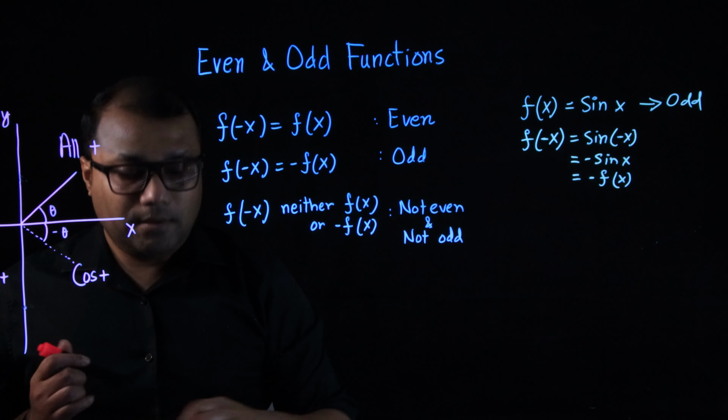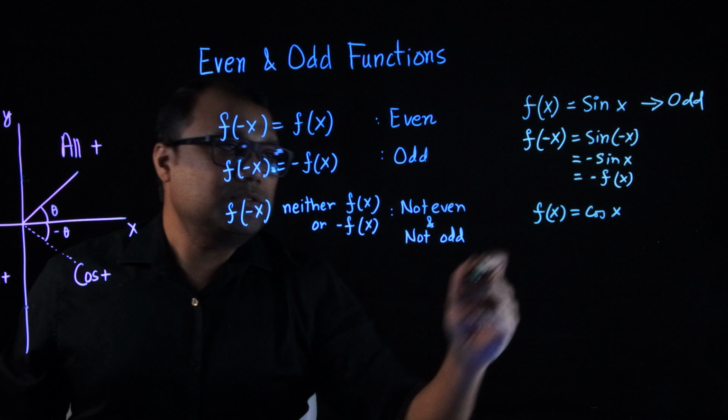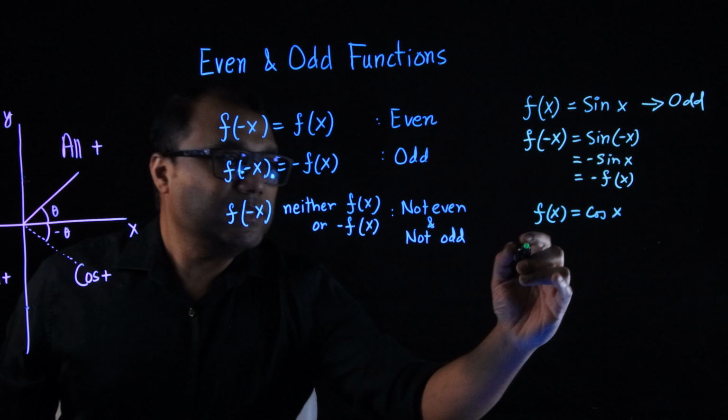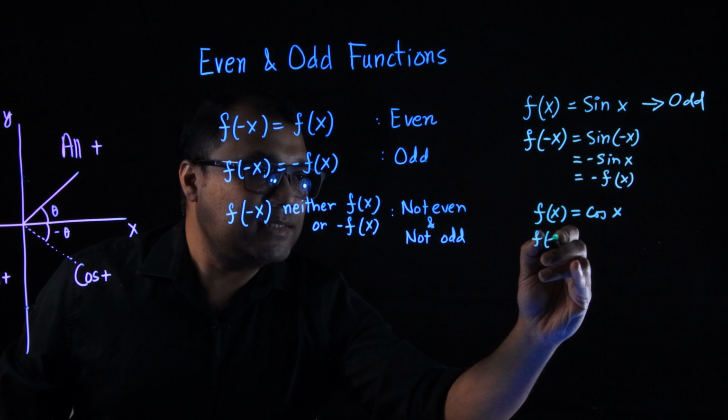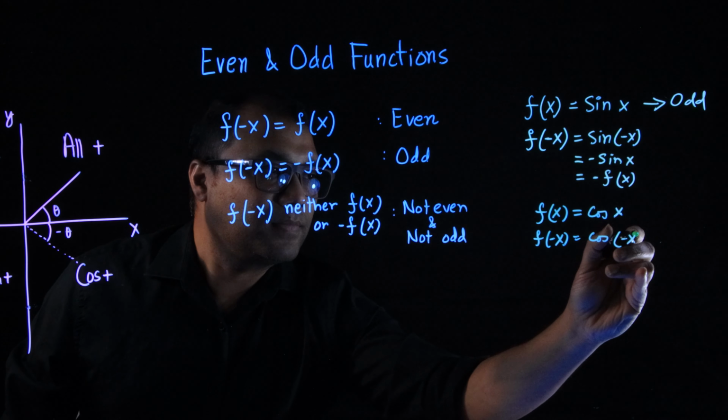Alright, let's look at another example now. An obvious example to follow is f x is cos x. Now is cos x an even function or odd function? So obviously we can see f of minus x is cos of minus x.